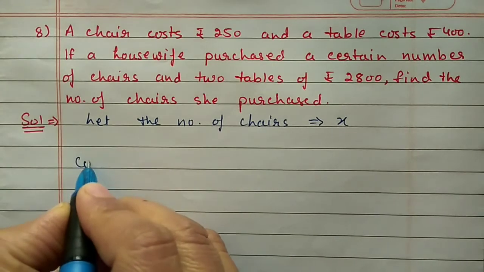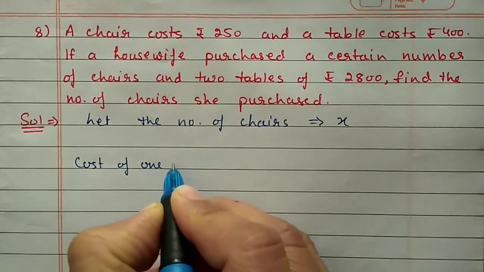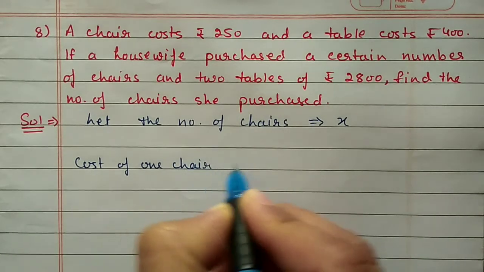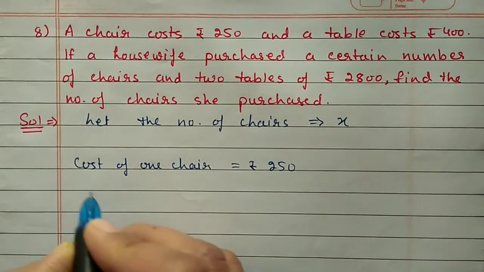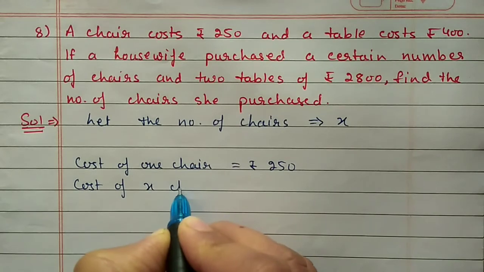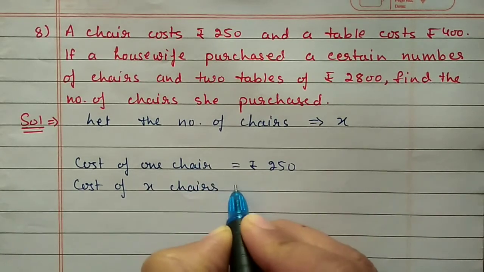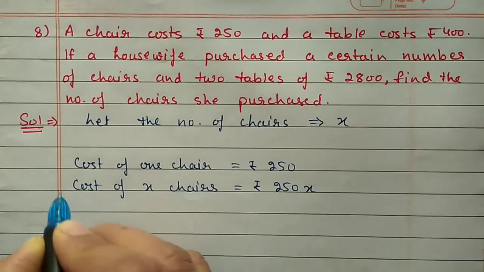Cost of one chair is 250 rupees and she has purchased x chairs. So therefore the cost of x chairs will be 250 into x, we get 250x.